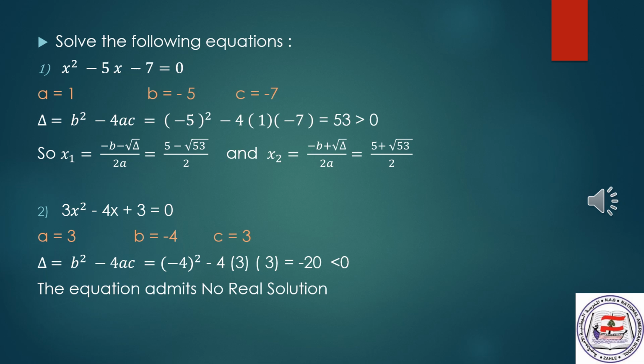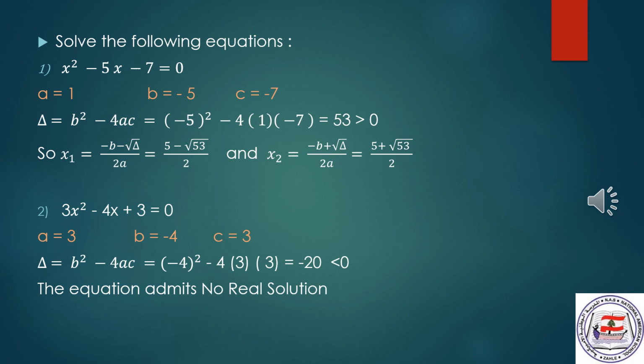And finally, we need to define the roots x1 and x2. So in this example, x1 is equal to 5 minus radical 53 over 2, and x2 is equal to 5 plus radical 53 over 2.